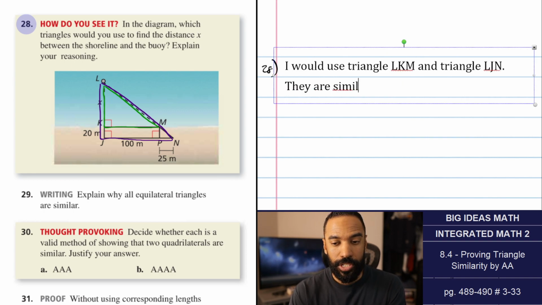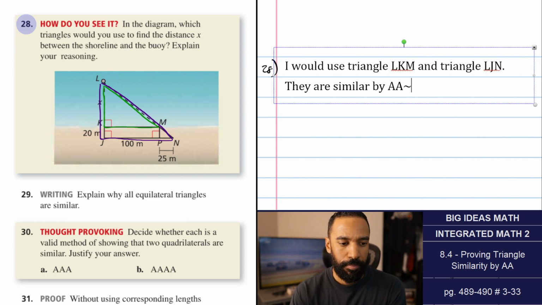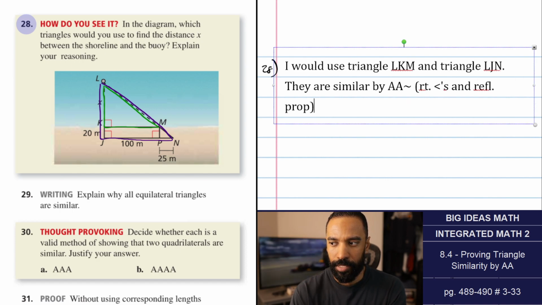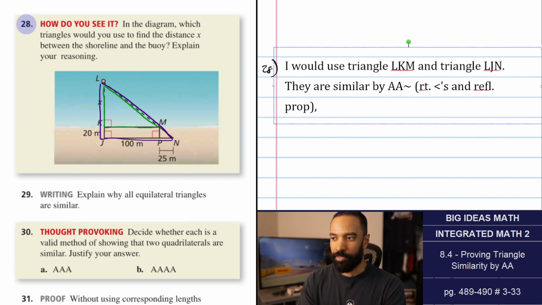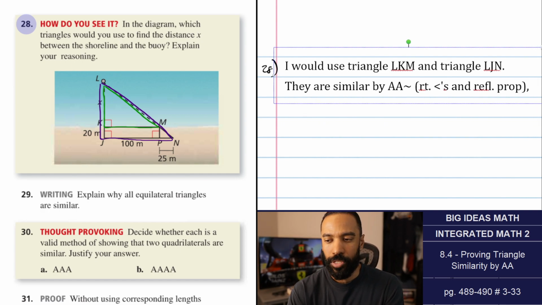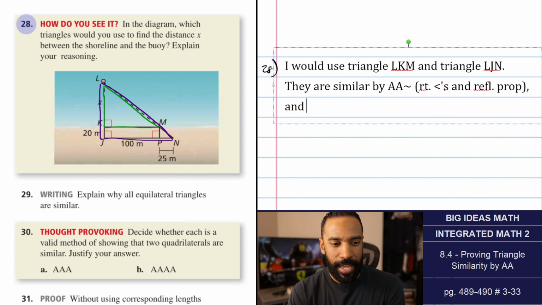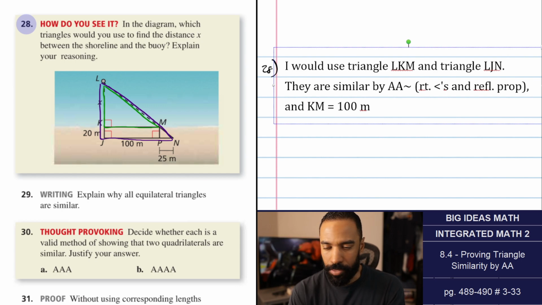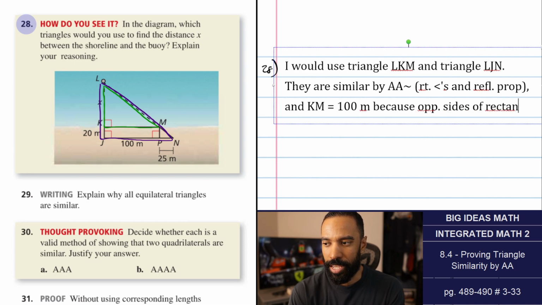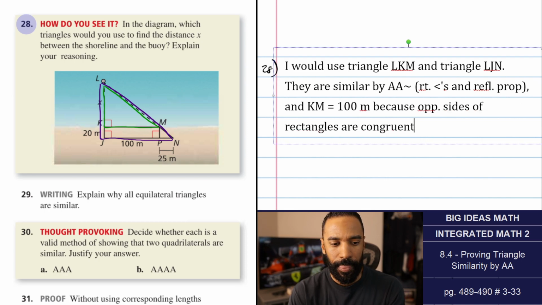They are similar by angle because of the right angles and reflexive property. Sorry for shorthand, even though I'm typing it. So they're similar by angle, and KM equals 100 because of the rectangle thing, because opposite sides of rectangles are congruent.